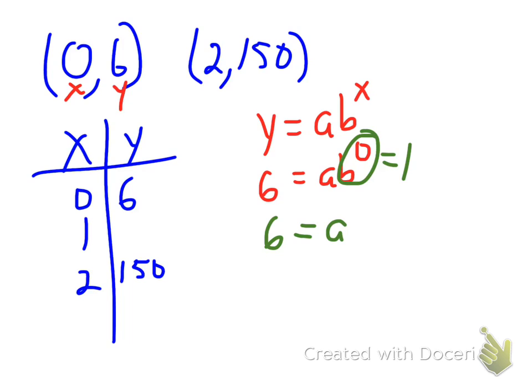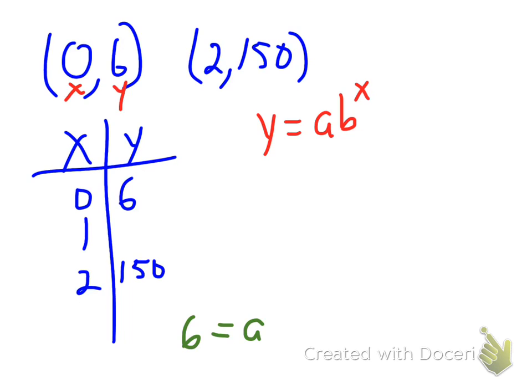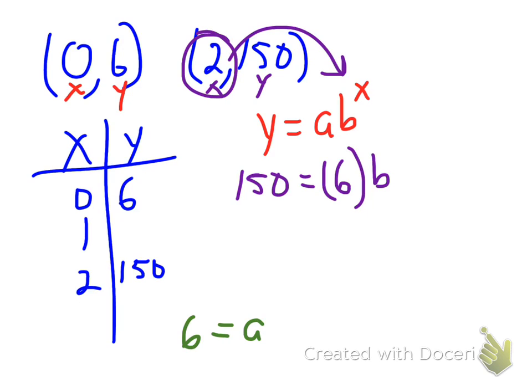Once I know that a is 6, I now can go through and use my equation, but now I'll use it with this x and y value. So y is 150 equals a, but I don't want to write a because I know what a is. So instead of writing an a, I'm going to write 6 times b to my x value of 2.